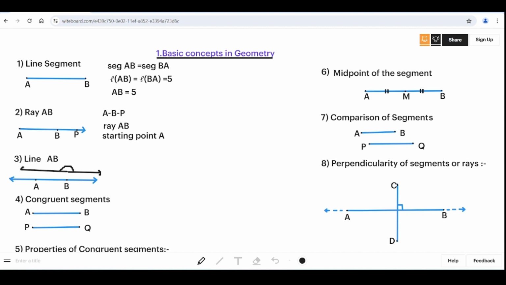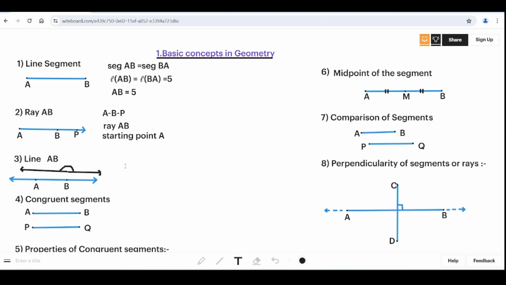So line AB is a combination of what? The ray AB and its opposite ray. Then we can say that it is a line AB. Now, as the ends are not bounded, meaning it doesn't have end points, we cannot give a length to line AB.